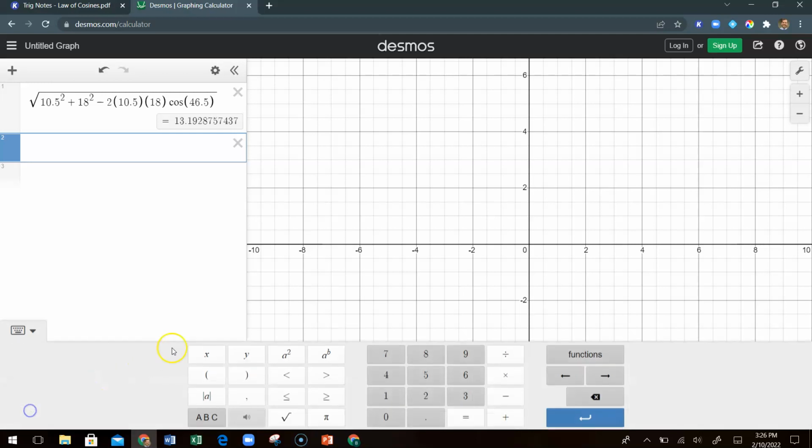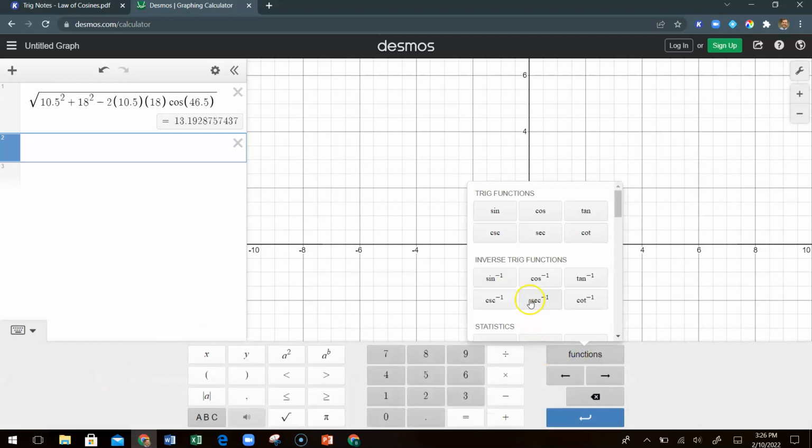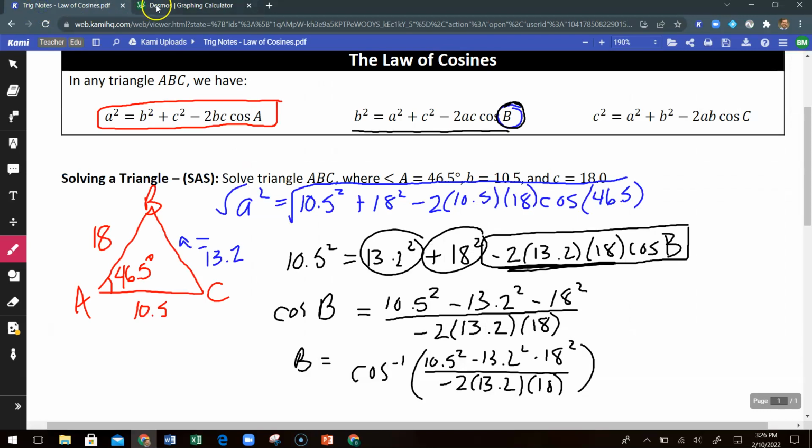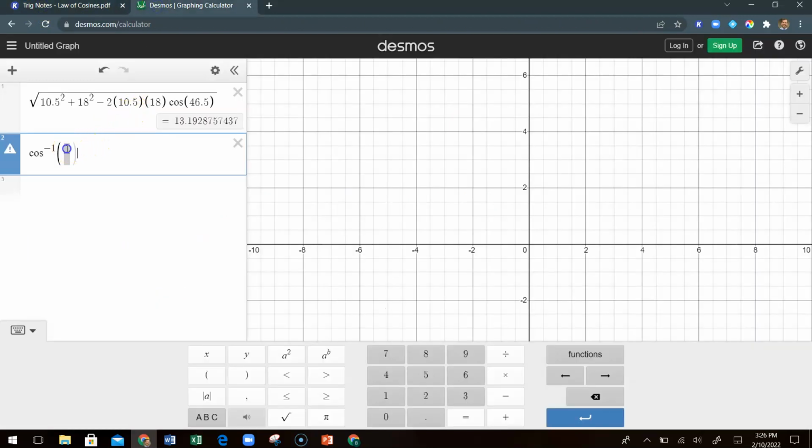So in Desmos, I'm going to go in here. I'm going to get my inverse cosine function. I'm going to go ahead and make it a fraction. The side length that I use only once is side length B in this case. So I'm going to do 10.5 squared minus 13.2 squared minus 18 squared, divided by negative 2 times 13.2 times 18.